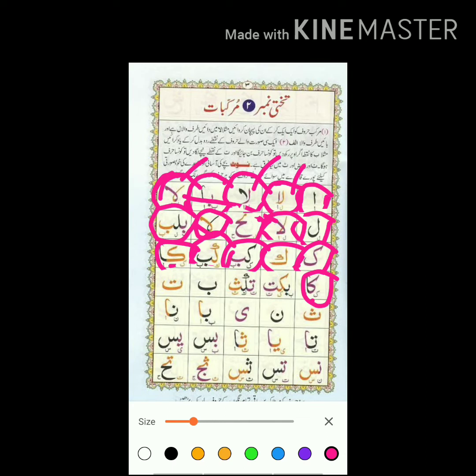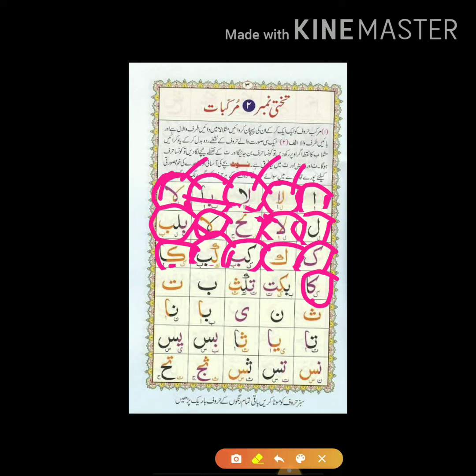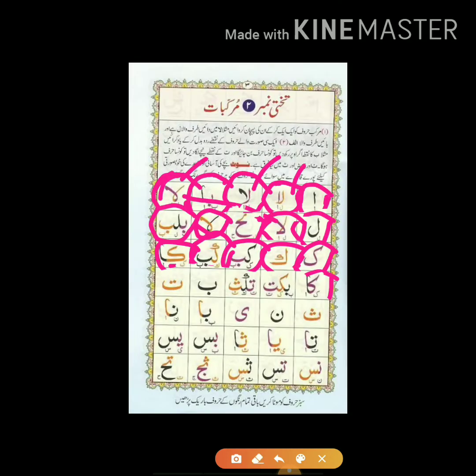Here, I think you may be confused about the shape of kaf because it is a bit different in this box. So this is why I told you, if you remove this alif from these two letters, then the shape you will have is like kaf. So this is how you recognize this letter. There are two letters in this box, which are kaf, alif.